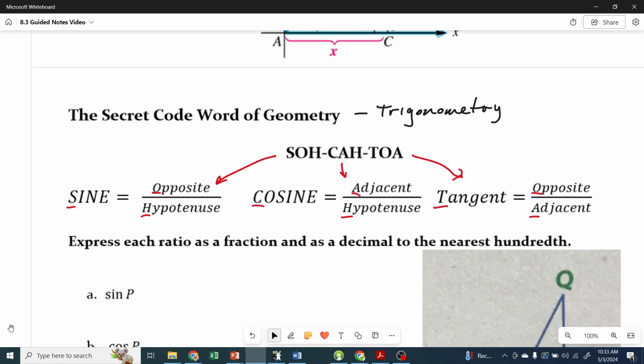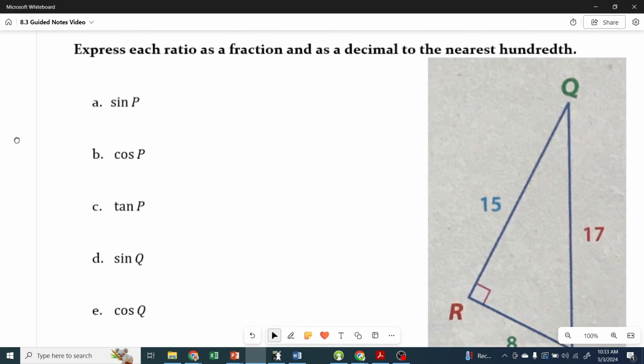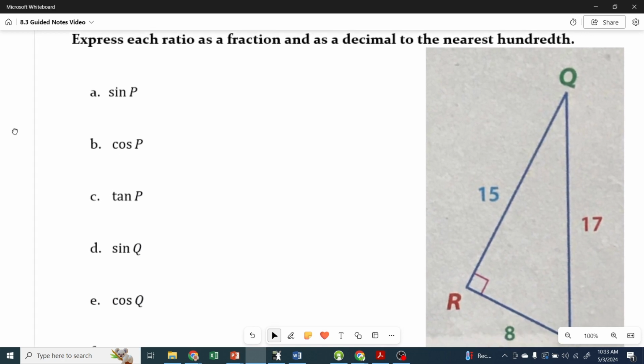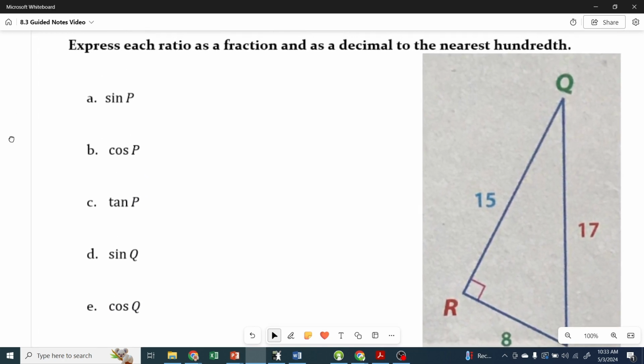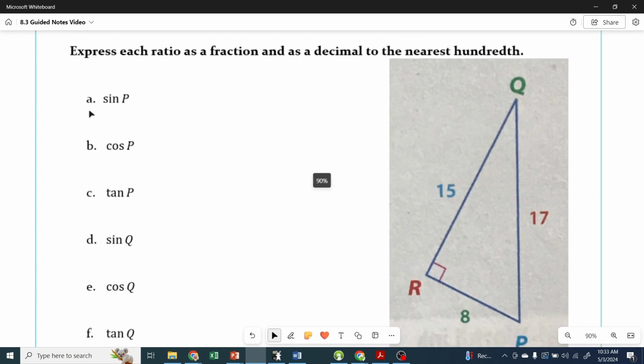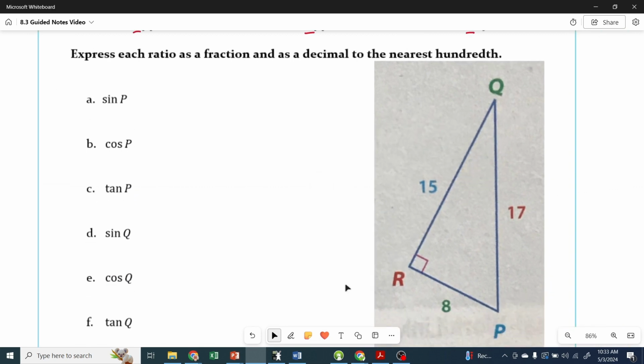So let's go through this, and it says express each ratio as a fraction and as a decimal to the nearest hundredth. Okay. So the sine of P is the opposite over the hypotenuse. So this would be equal to 15 over 17.